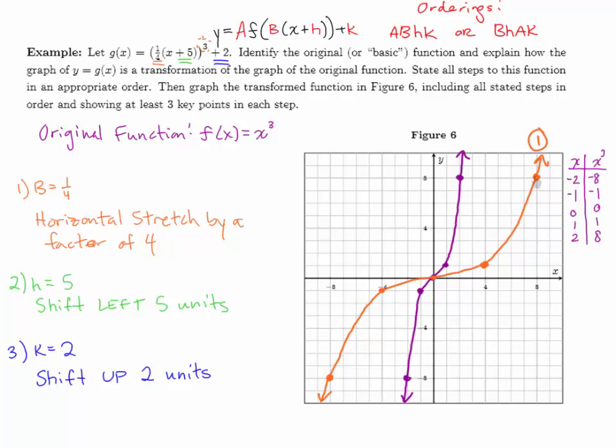And now from here, I'll shift it left 5 units. So this point 8, 8, shifting it left 5 units, I'll count over 1, 2, 3, 4, and then 5, so that'll be at 3, 8. And then 4, 1 will move over to negative 1, 1. And then negative 4, negative 1 will move over 5 units to negative 9, negative 1.